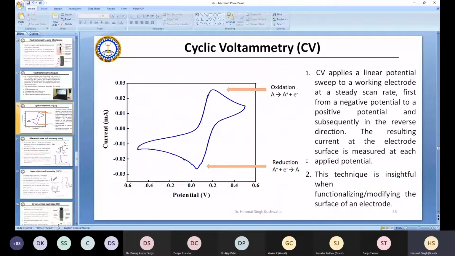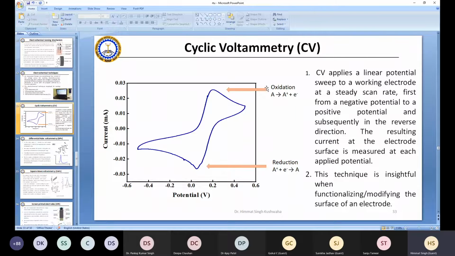Cyclic voltammetry is used to analyze the modification of the surface of the electrode. It gives us the signal in the form of an oxidation peak and a reduction peak.